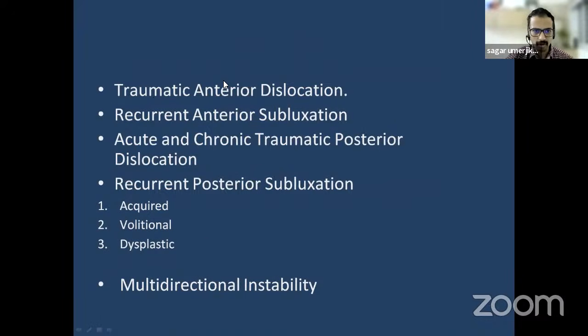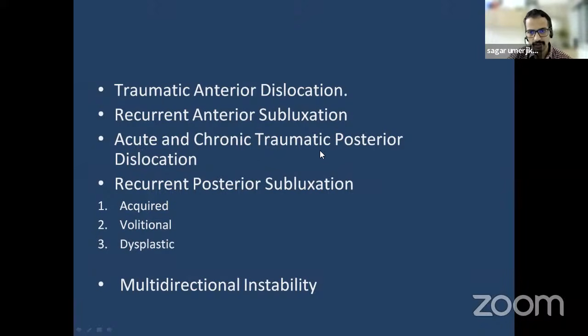Just the common types of dislocation that we can encounter are traumatic anterior dislocation, which is the most common variety, followed by recurrent anterior subluxation. These are patients who have had an episode of acute traumatic dislocation in the past, now having multiple episodes of subluxation. Then acute and chronic traumatic posterior dislocation. These posterior dislocations are notorious and can be missed. Most of them are acute, 50% of them go undiagnosed and most get converted to chronic.